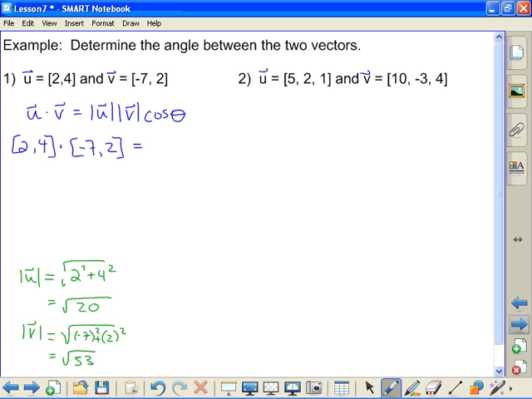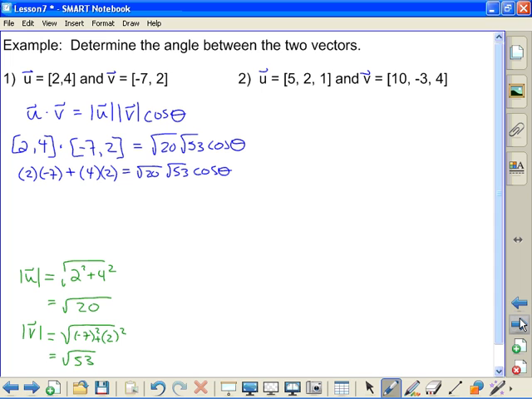So root 20, root 53, cos theta. On this side, I'm going to have 2 times negative 7 plus 4 times 2, root 20, root 53, cos theta.